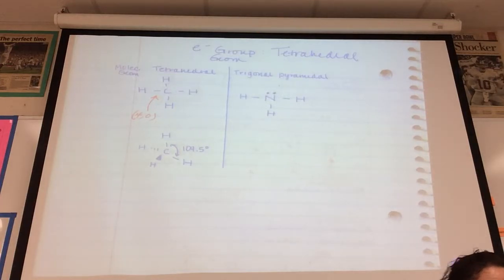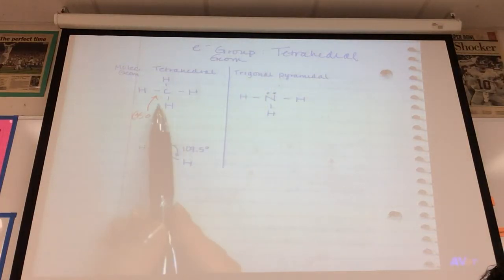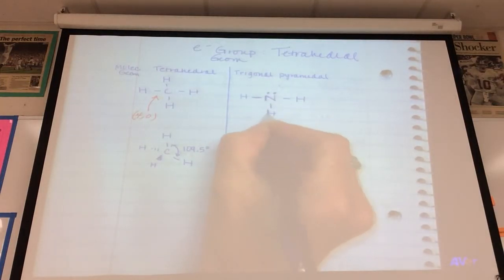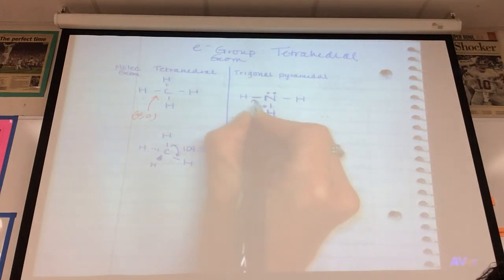Now we've established when you have 4 electron groups, the ideal bond angle is 109.5. However, this bond angle, H to N to H, and this isn't drawn to scale here, is actually 107 degrees.